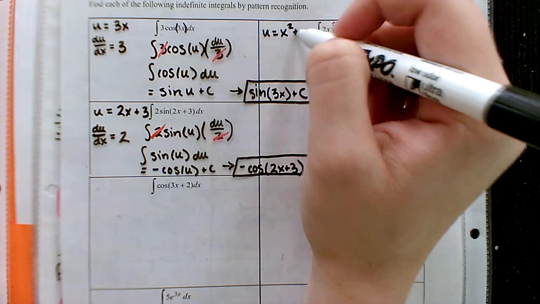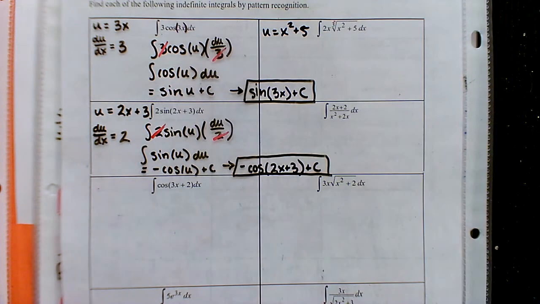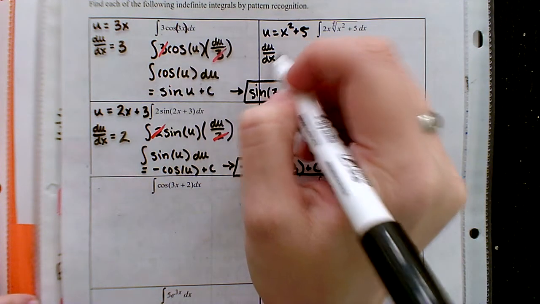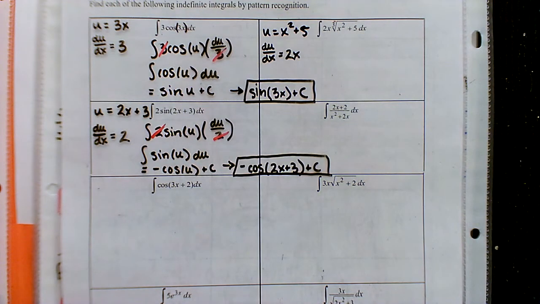So we'll say x squared plus 5. I know the 3 looks like it would be a power on the x. I probably should have separated them a little bit more, but that is a cube root. If we take the derivative, we would get 2x. That was interesting.